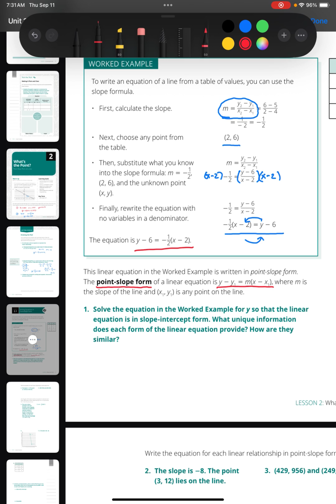All right, well, if we want to take that equation from that example in point slope form and put it in slope intercept form, to get from point slope form to slope intercept form, we got 2 steps. Because what we're doing is solving for y. Step 1 is always going to be distribute.